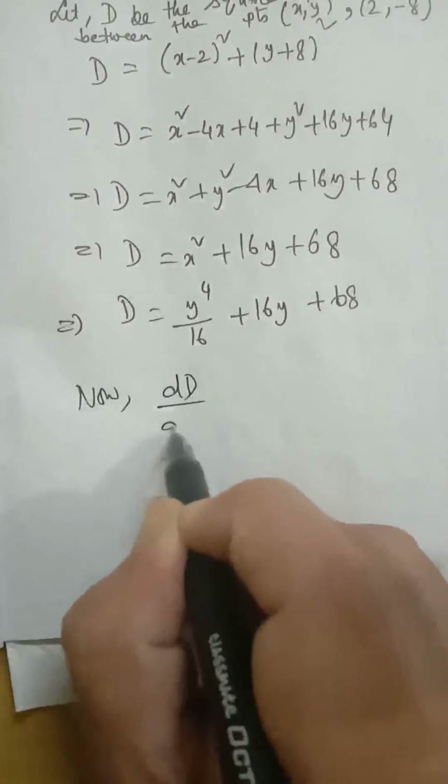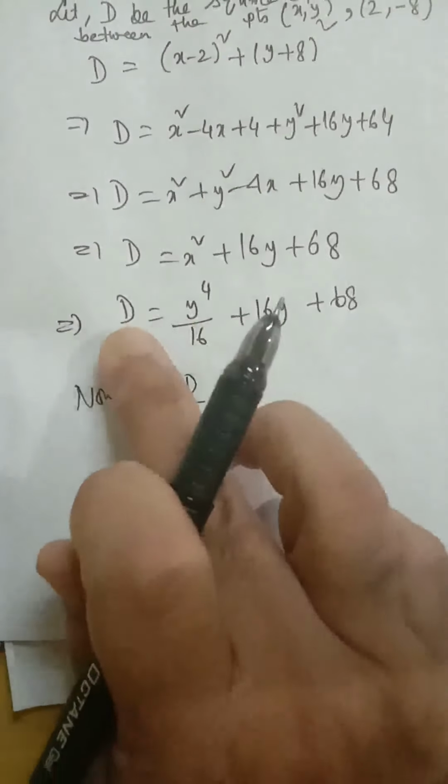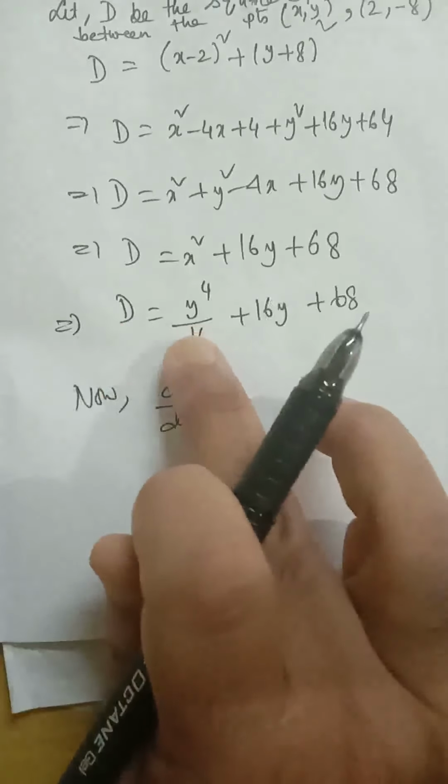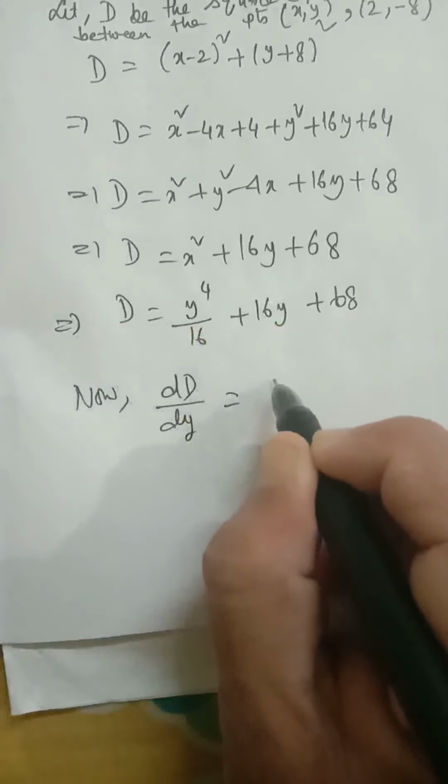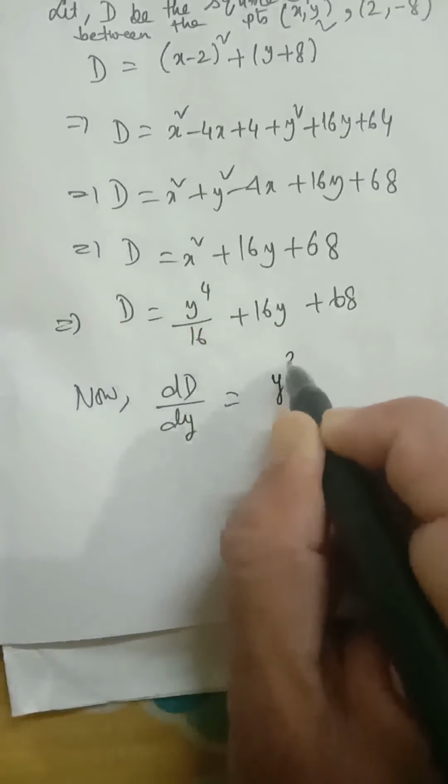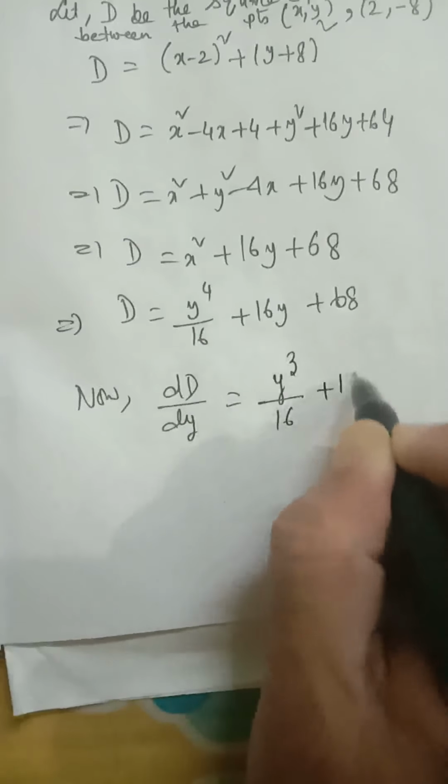Now we have expressed d in terms of one variable y, so dd dy will be 4y cube by 16, so it will be y cube by 4 plus 16.